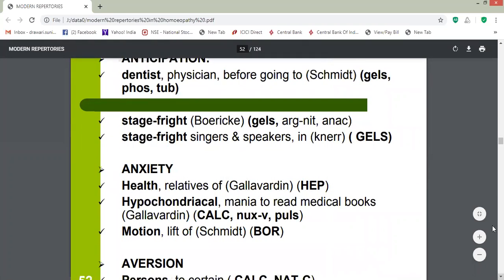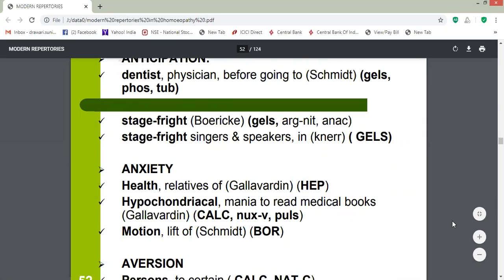Then anticipation, dentist, physician before going to, was taken from Smith's work, and the indicated medicines are gelsemium, phosphorus, tuberculinum.